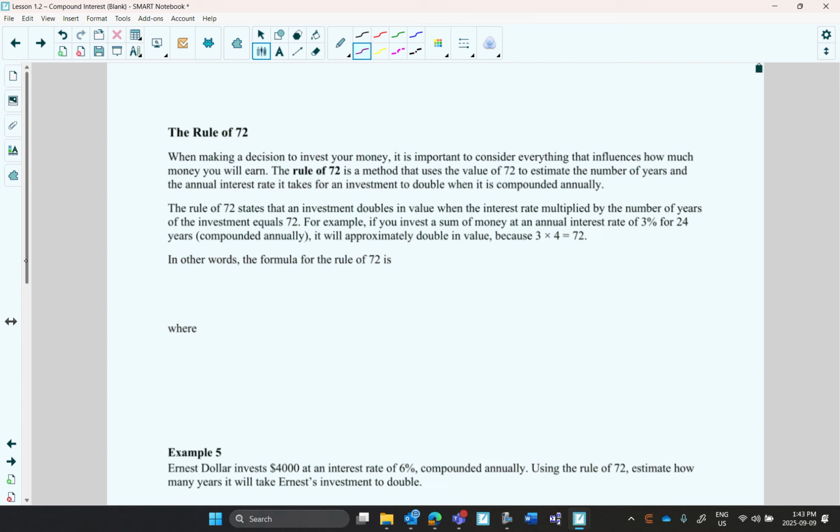If your interest rate, not as a decimal, times your number of compounding periods is equal to 72, that means you're going to double your money. And this should be 24 that way. 3 times 4 is not 72. 3 times 24 is 72.